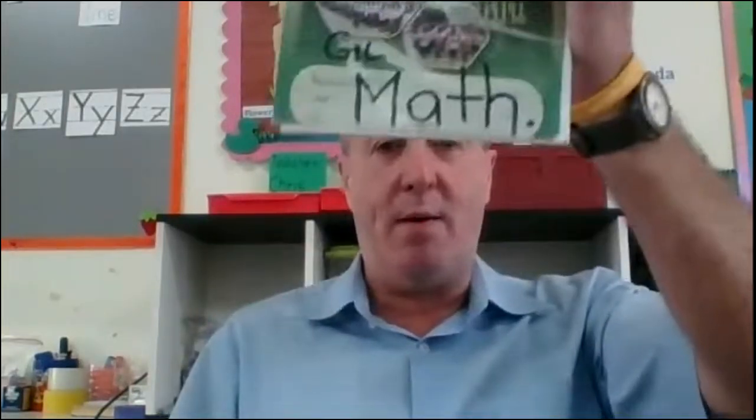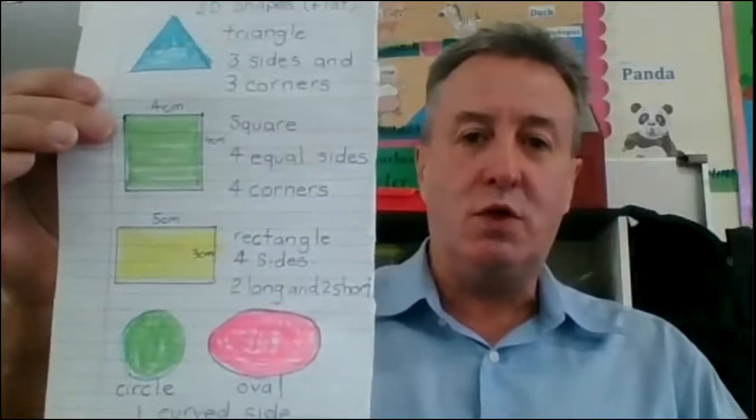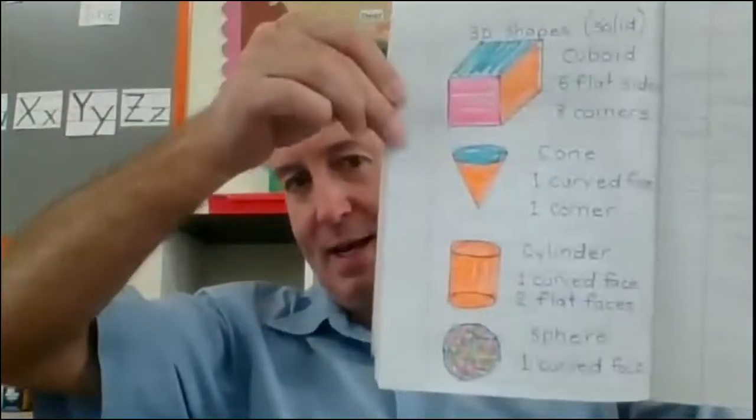Good morning, everyone. Teacher Gil here, and today in our maths video we're just going to use our math notebook or a piece of paper, and we're going to draw some shapes. Today we'll do 2D, and then in our lesson tomorrow we'll do some 3D, okay?